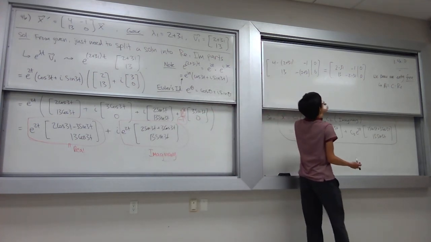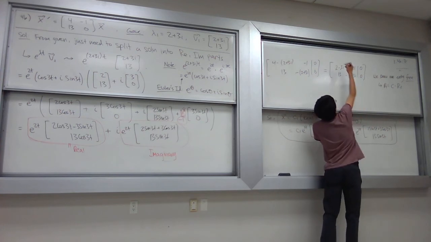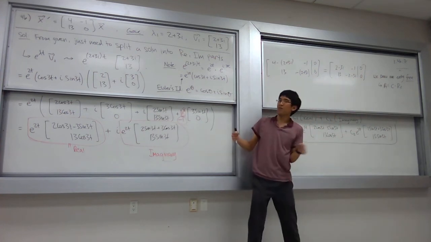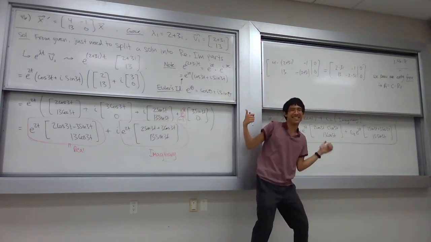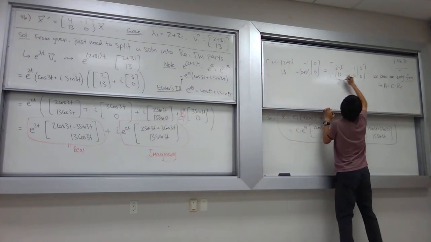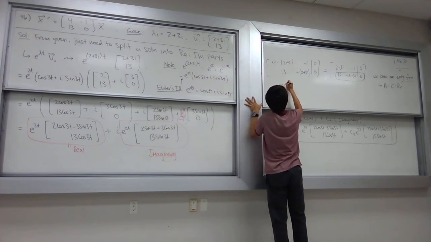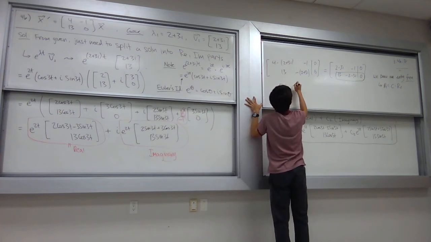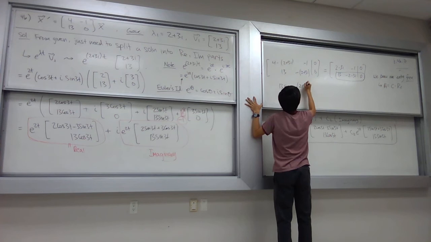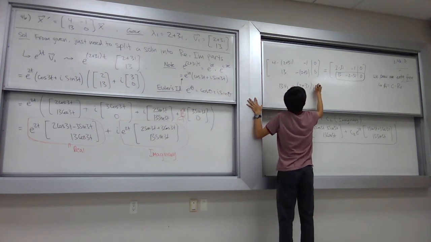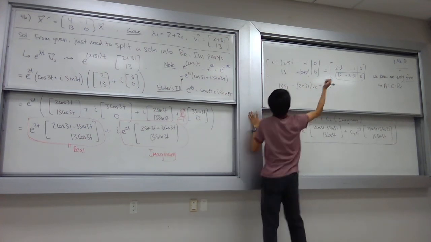So you might have been inclined to pick the first row. Which row do you think the professor picked? Second, yeah. So he picked the second row. So what does that tell us? 13 V1 minus (2 plus 3i) V2 equals 0.